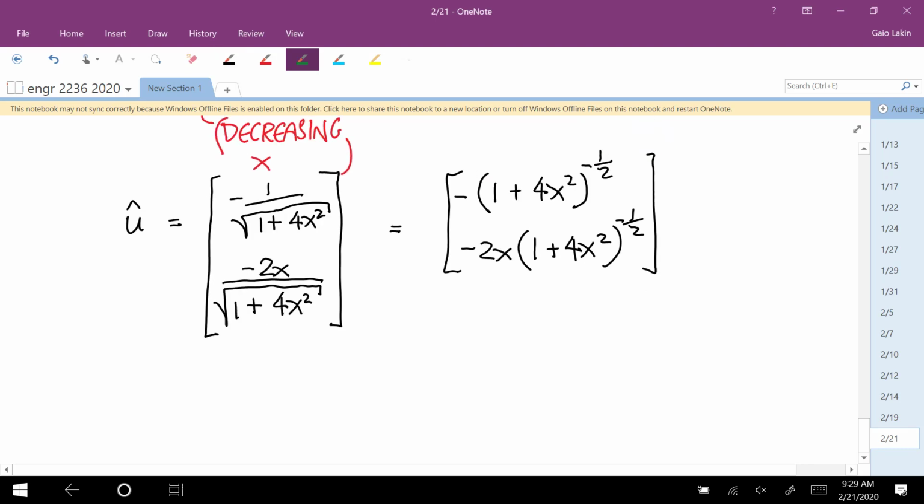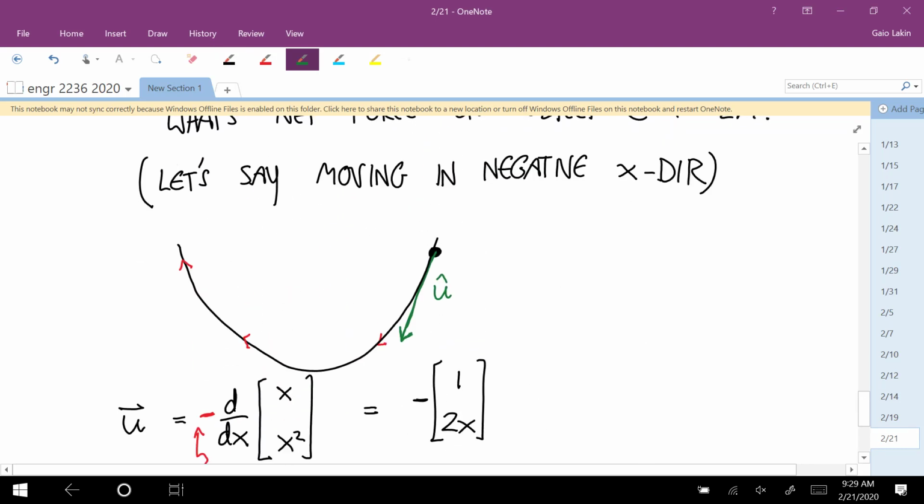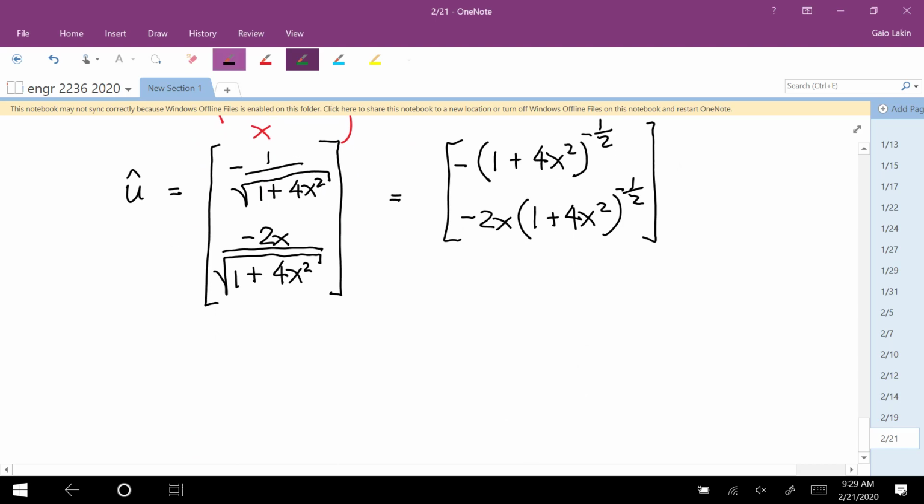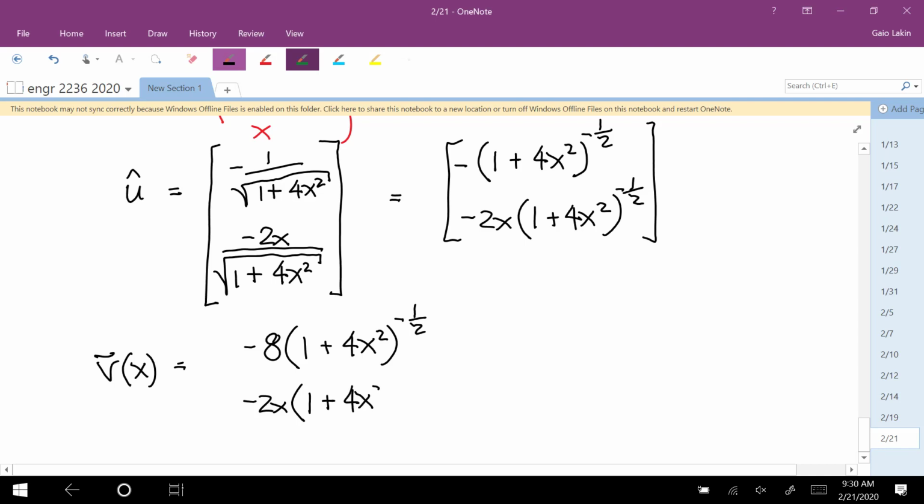This is the direction of our velocity vector, and we know the magnitude of the velocity vector is 8, so we just multiply by 8 to get the velocity as a function of x. We get negative 8 times the quantity 1 plus 4x squared to the negative 1 half, and negative 2x times the quantity 1 plus 4x squared to the negative 1 half.